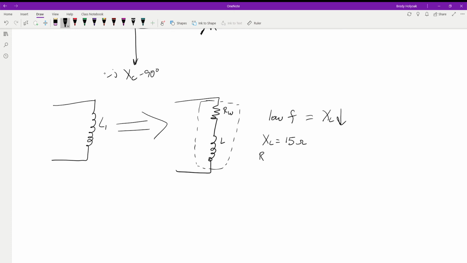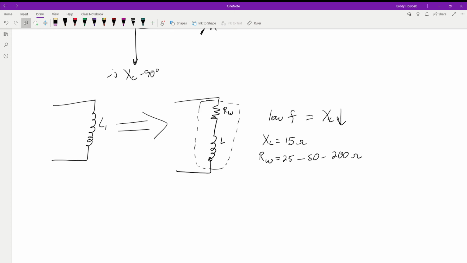The problem is our winding resistance, when we connect it up, depending on how it is, it could be 25, it could be 50, it could be 200 ohms. So now all of a sudden, we're not just fighting with this 15 ohms, now this becomes a really big issue. If we have 200 ohms of resistance and we only have 15 ohms of reactance, our impedance is going to be the combination of those two. So we have to take that into account.